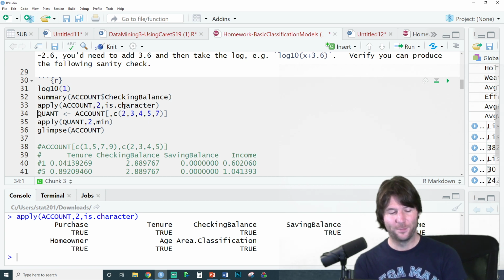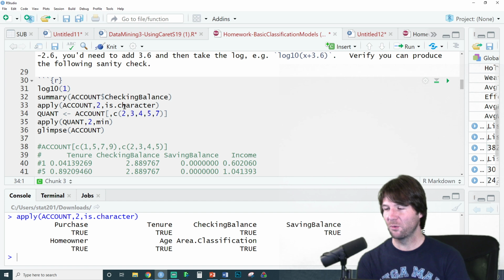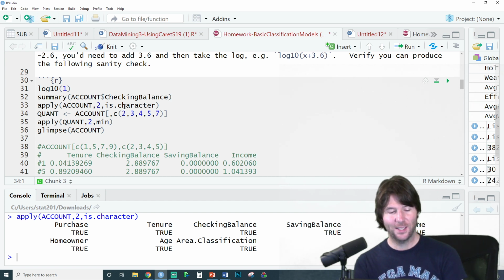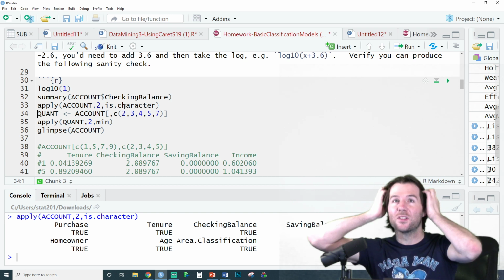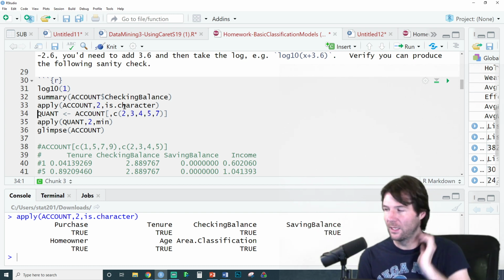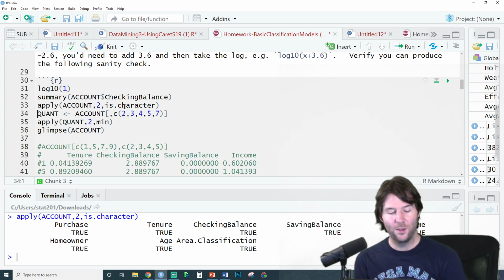And to figure out why this code's not doing what I want it to do. That's what I'm thinking about right now. Because I'm like, why will this code not do this? I mean, I could do it with a subset, but that would not be a fun way of doing it. But what do you think, Connor? It says they're all character. I think it's just looking at the column name, and it's treating the column name as a character. But I don't want it to do it to the column name.